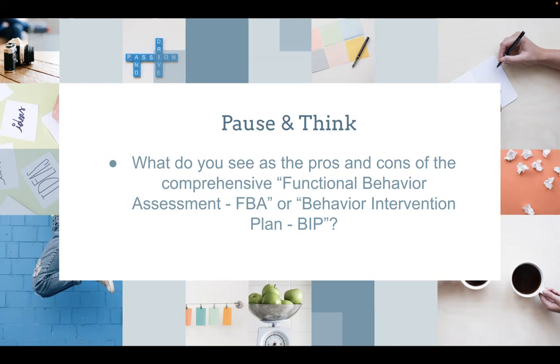And there's not much discussion about it. And then it kind of gets tucked away. So it becomes something that's not seen as practical or useful for supporting the student, when in fact, it really should be that document. So in this class, I hope that we're learning how to create the comprehensive FBA and BIP in a manner that's more practical and useful.